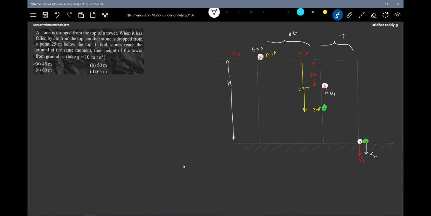What is delta t? The time interval between throws. That has to be determined. For that I can calculate delta t, because the first stone will descend 5 meters. So 5 is equal to g by 2 delta t.